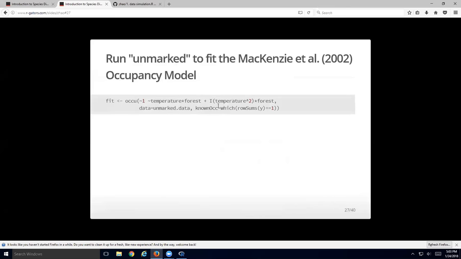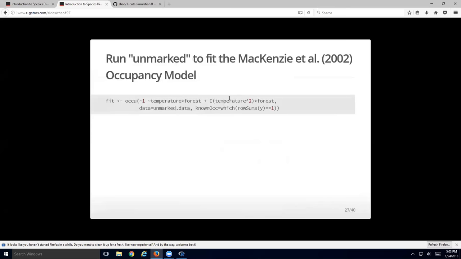And there are also some other options to tell the function that we only assume false negative, but not false positive.